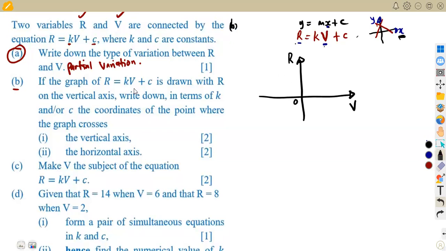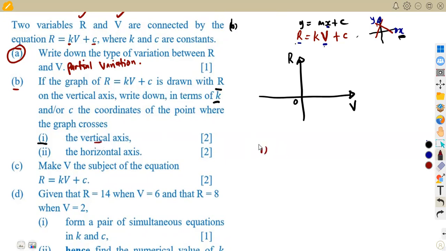That is the condition. You are given there that r is on the vertical axis, where there is y, and we are to write down, in terms of k and or c, the coordinates of the point where the graph crosses the vertical axis.